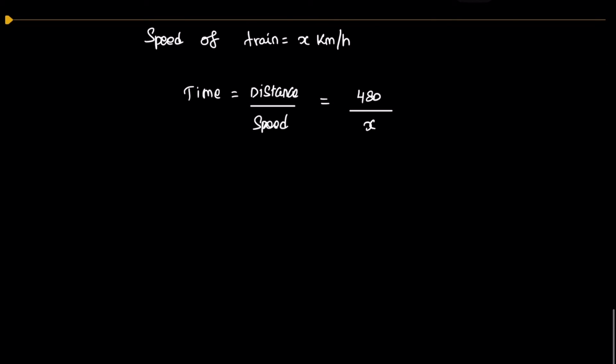So the difference, for the same distance 480, with 8 km per hour less, so x minus 8, then the actual timing, so 480 divided by x is equal to 3 hours.